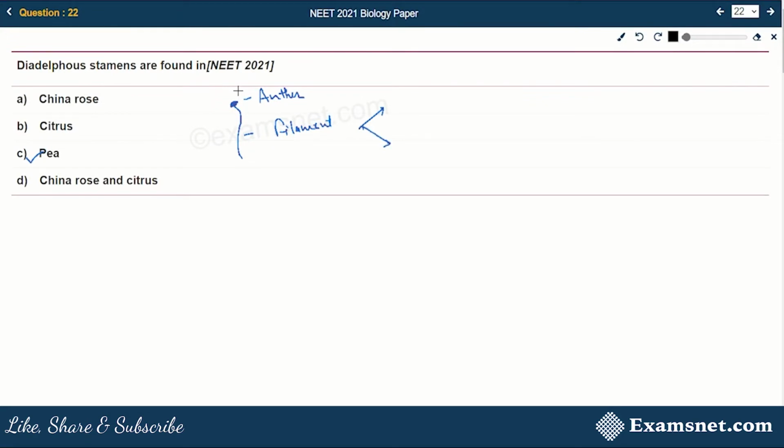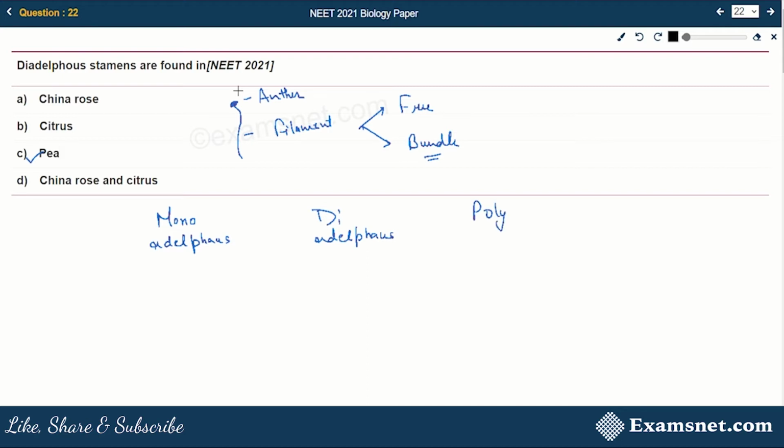Now these stamens can be arranged in different forms. For example, these can either remain free or they can be united into bundles. Now depending on the number of bundles the stamens are united into, they are classified as monoadelphous, diadelphous and polyadelphous.